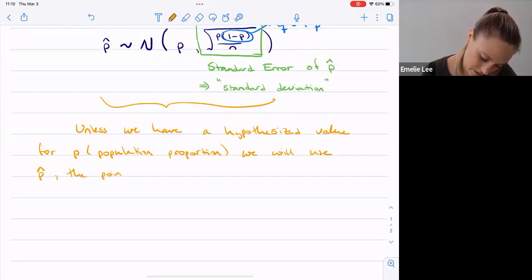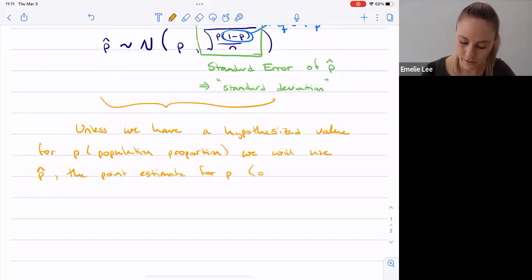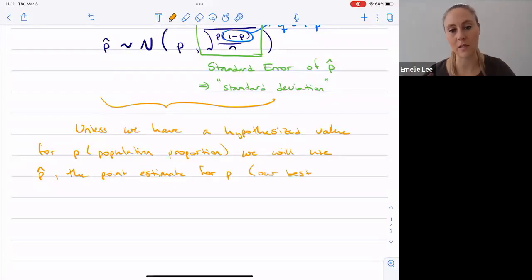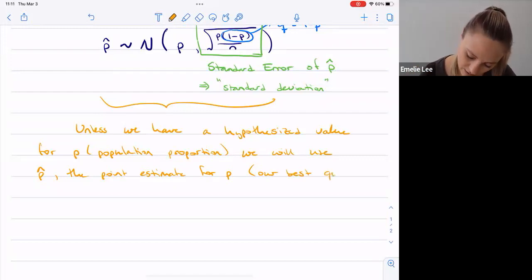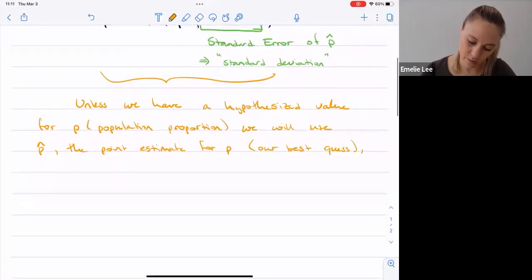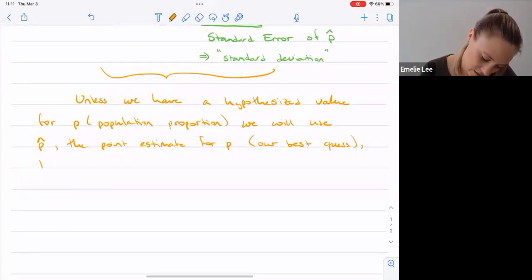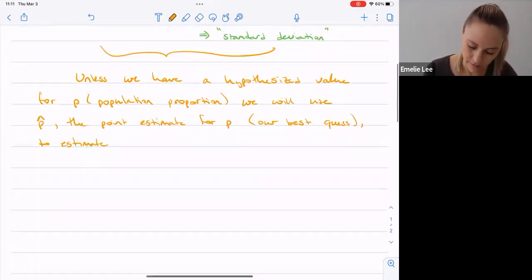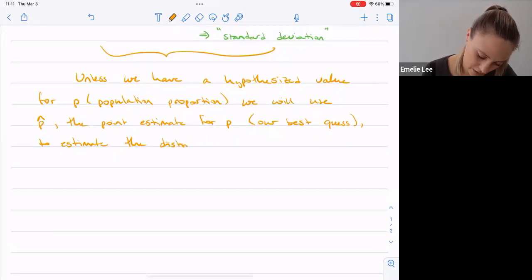The point estimate for p, and also our best guess, right? That's what the point estimate is. It's our best guess at what it might be. Okay, so our best guess, we will use p hat to estimate the distribution.